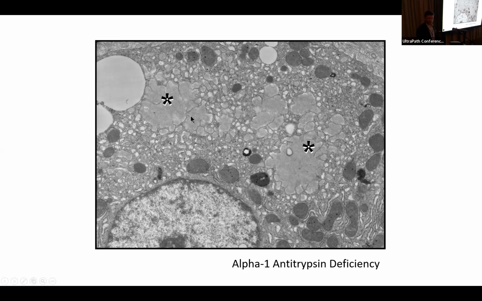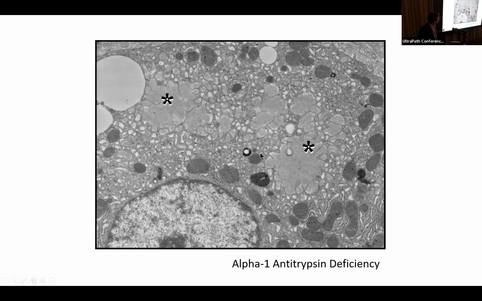These could be mistaken for lipid droplets, but one of the nice artifacts of the fixation is the retraction of these. This protein will retract and leave a halo around the outside, and that's a very reliable artifact that we use to identify it.